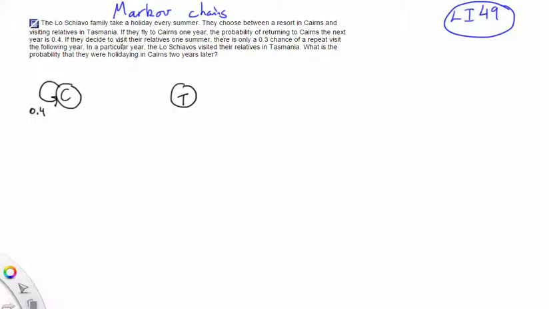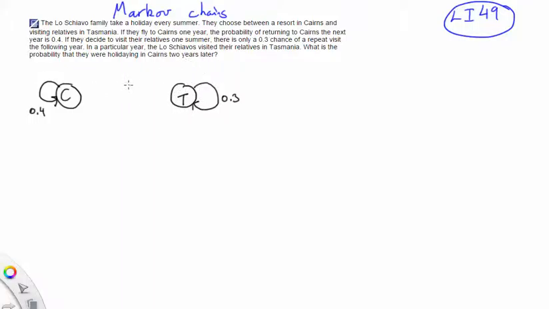They decide to visit their relatives one summer in Tassie. There is only a 0.3 chance of a repeat visit the following year. So that's 0.3 that they'll visit their relatives again the next year after visiting them the first year. Maybe they learned from that year visiting their relatives.